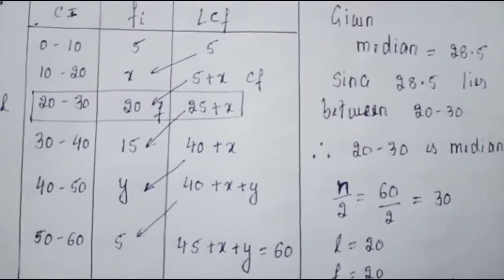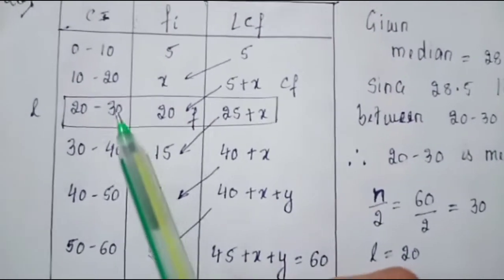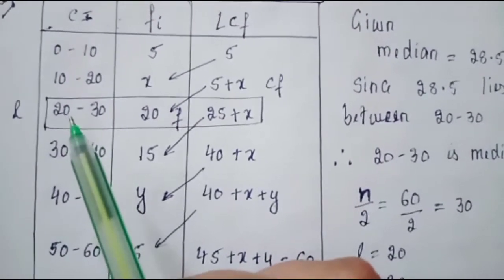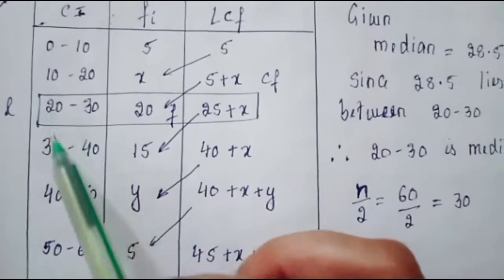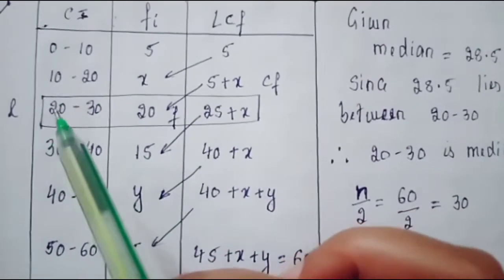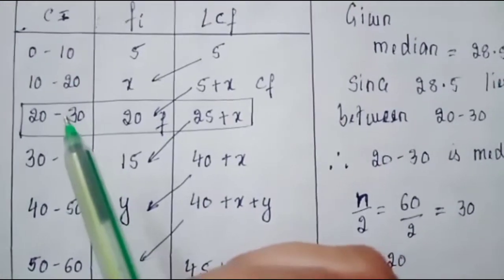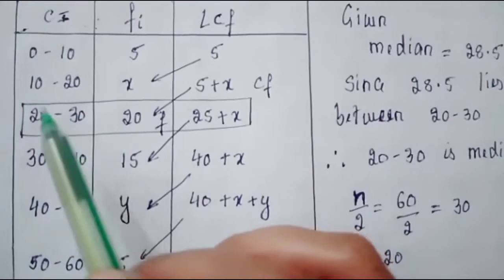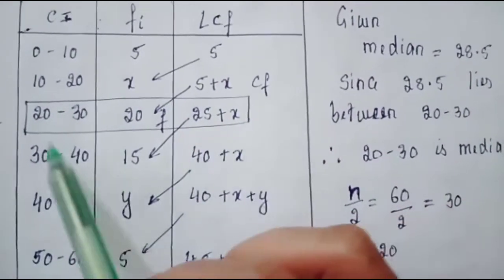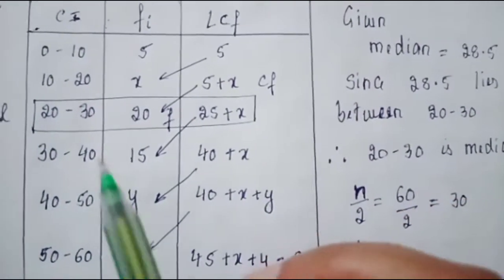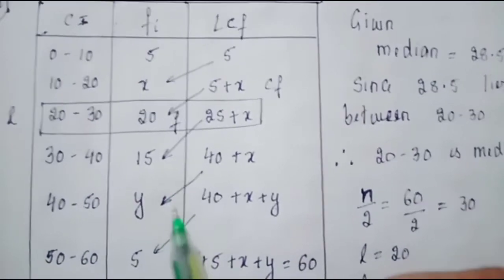And I already told you in the last question that the median will fall between the lower and upper limit of the median class, that is the class interval. As you know, 28.5 lies between 20 and 30. Therefore, 20 to 30 becomes the median class. You should not forget this concept.